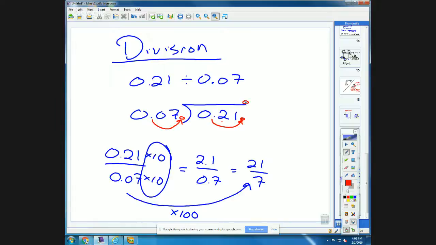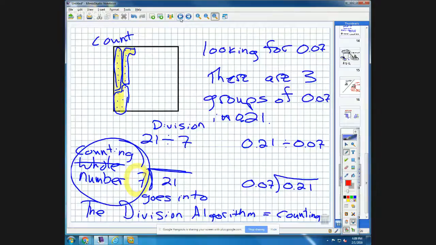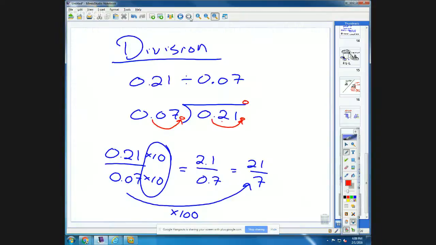And so what we want to do is we play around a little bit with some simple problems, just talking about groups in, goes into. And eventually we realize that we're always counting when we do that, which means we better make the divisor a counting number.